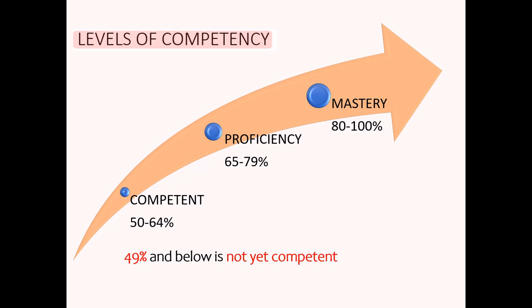If they score between 65 to 79, we say that candidate is proficient or has acquired proficiency. If a candidate scores between 80 to 100, that candidate has mastery. If a candidate scores below 49, that candidate is not yet competent.